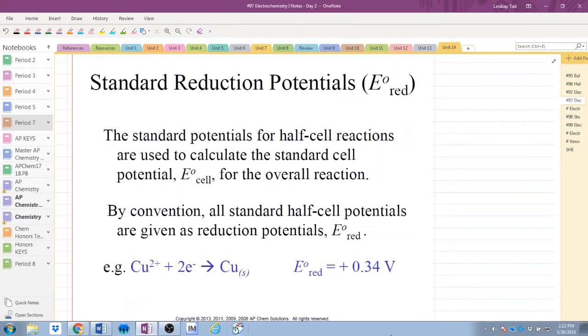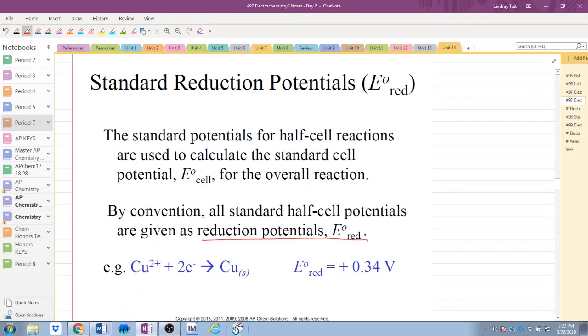If I want to know what the cell potential is, if I have made a battery, which you are going to get to do with galvanic cells, you're going to make it yourself, and I want to know what voltage it's going to produce, what we're going to do is look individually at the half reactions and what voltage each half reaction could produce. Most of these numbers are already provided for us in the form of reduction potentials.